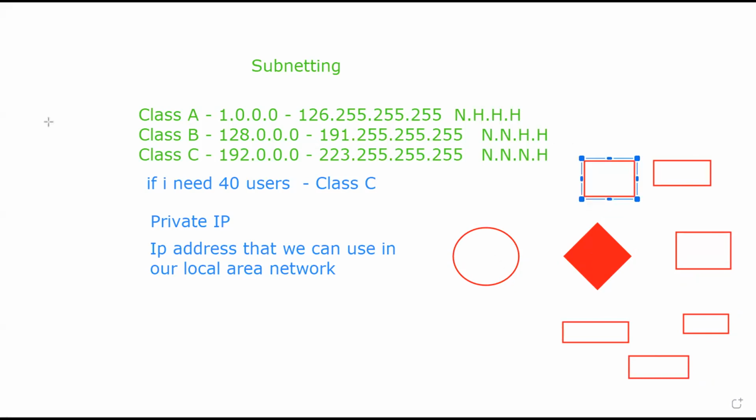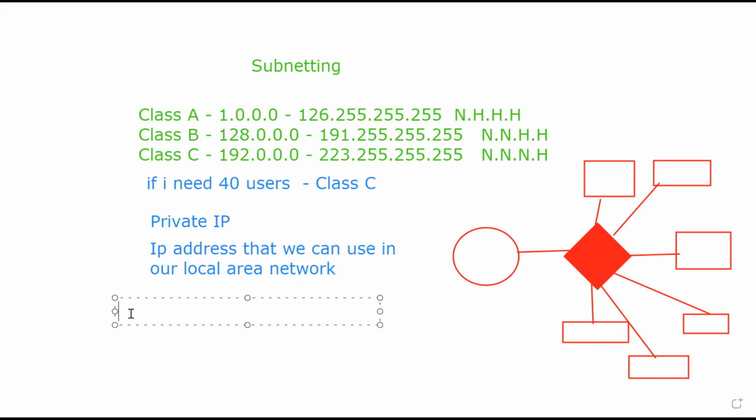INA gives IPs to the ISP providers, then the ISP provides them to the users, right? Before this, I also want to tell you how many IPs we can assign. In class A, 256 into 256 into 256. In class B, 256 into 256. Class C, 256.